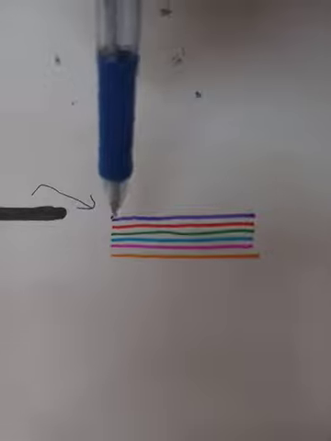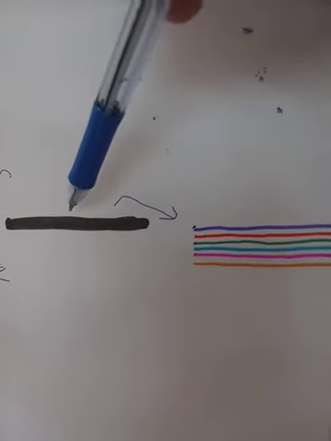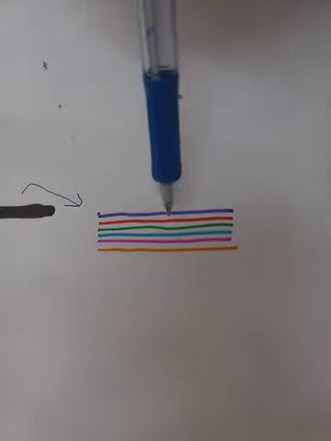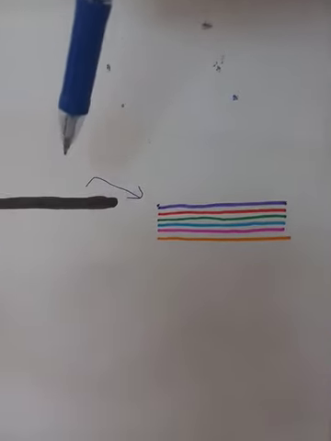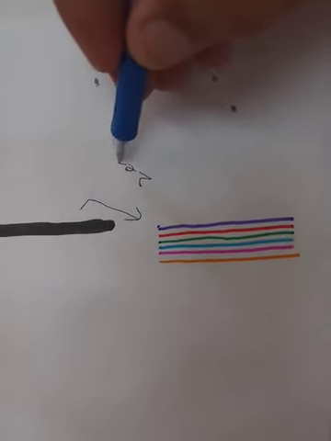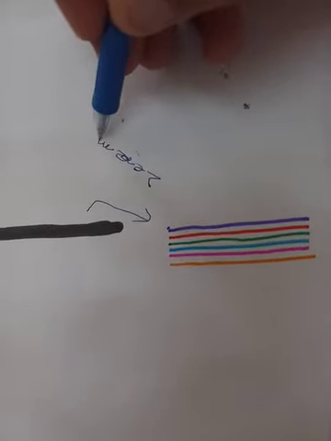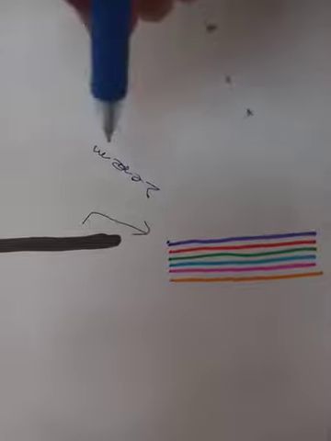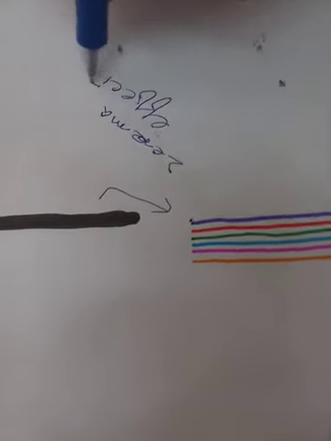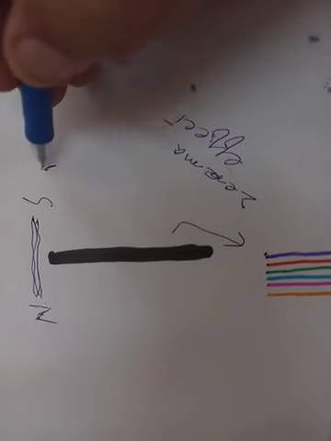The splitting up of the Bohr spectral line into fine lines was not explained by the Bohr atomic model. This is called the Zeeman effect, Z-E-E-M-A-N, and he applied a magnetic field.